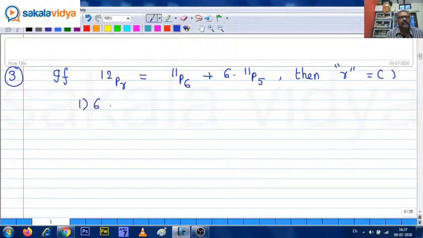First option 6, second option 5, third option 7, fourth option 8.